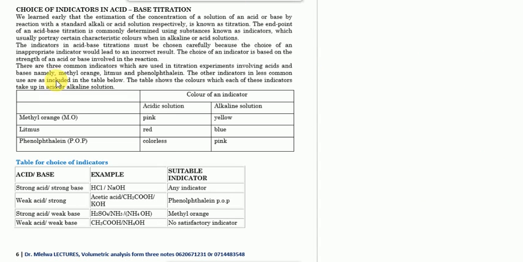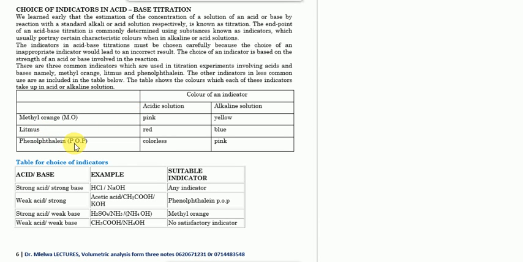Now there are 3 common indicators which are used in the titration experiment involving acids and bases, namely methyl orange, litmus and phenolphthalein. So kuna indicator nyingine methyl red, yani hapo kemikali zinazo change color ziko nyingi, lakini the most common is tatu: methyl orange, litmus pamoja na POP.